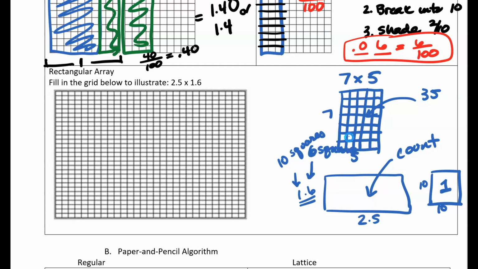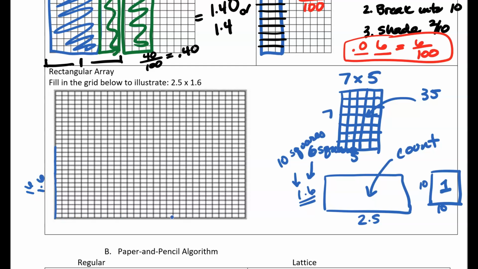So I'm going to make my rectangle 1, 2, 3, 4, 5, 6, 7, 8, 9, 10, and then another 1, 2, 3, 4, 5, 6. So that's 16 squares total, which is the same thing as 1.6.